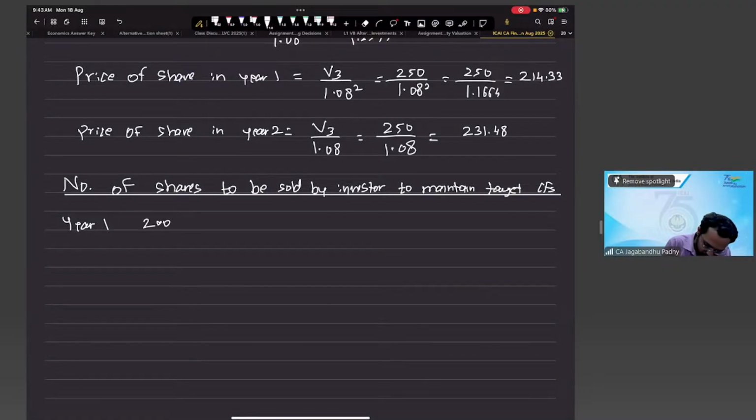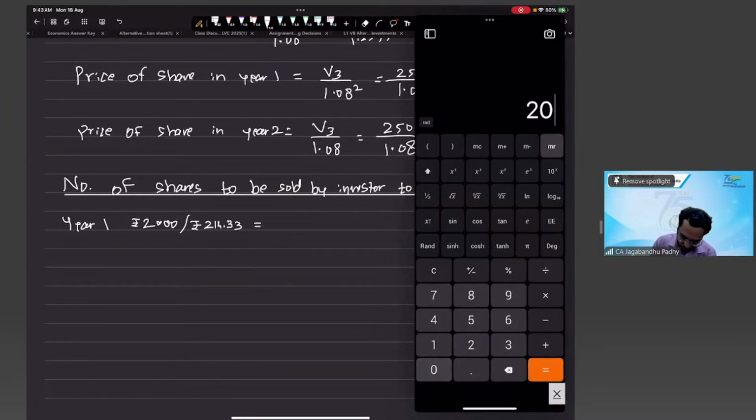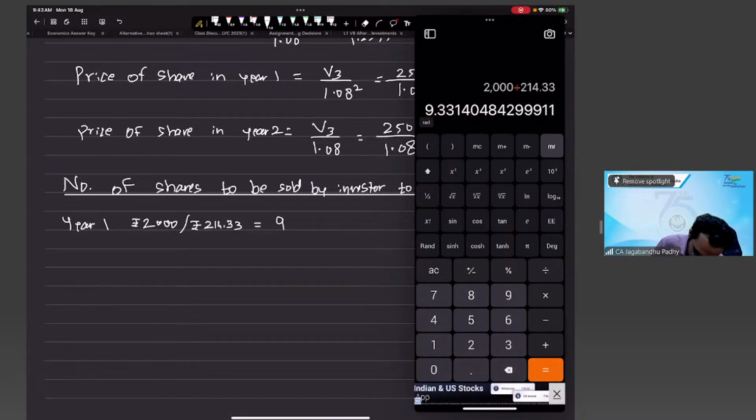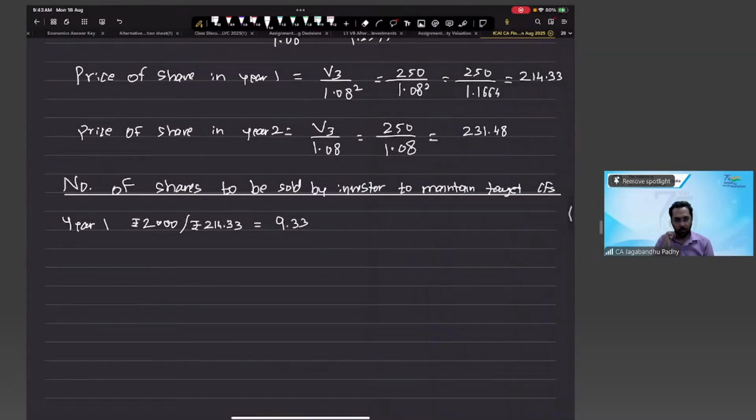I need a cash flow of 2000, and in year one, each share is priced at 214.33. So 2000 divided by 214.33, which is 9.33 shares. Obviously I can't sell 9.33 shares. I'll have to sell 10 shares.